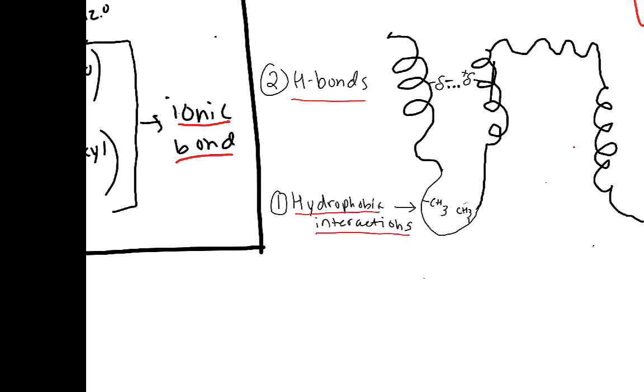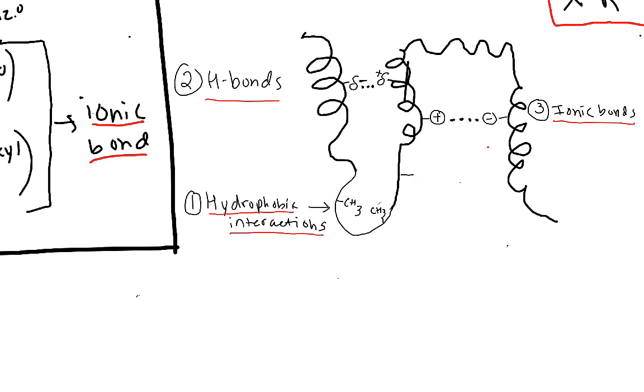What about if you have an R group that's a complete positive and you have an R group over here that's a complete negative? They may fold and form an ionic bond. And then, I mentioned that proteins have sulfurs in them, and that cysteine is the amino acid with sulfur. So it has a sulfhydryl group, SH, but you're going to see that we need a bond. This one has an SH.